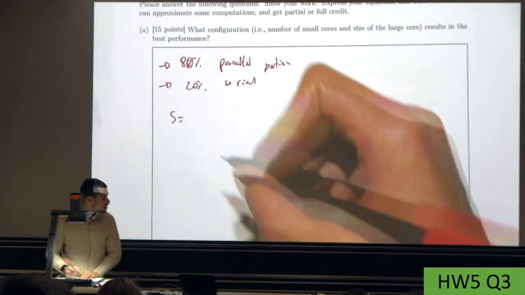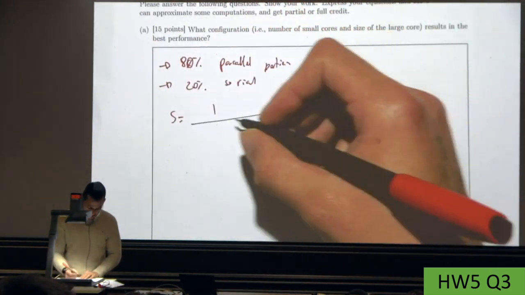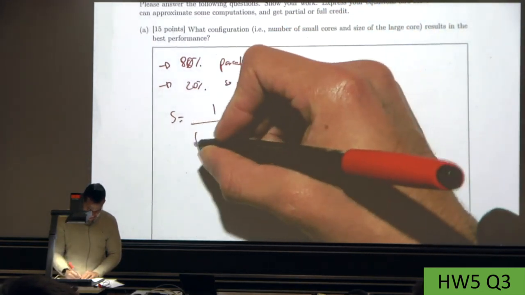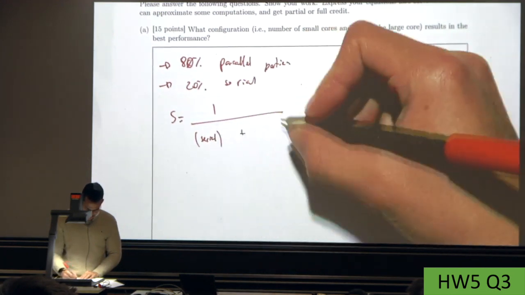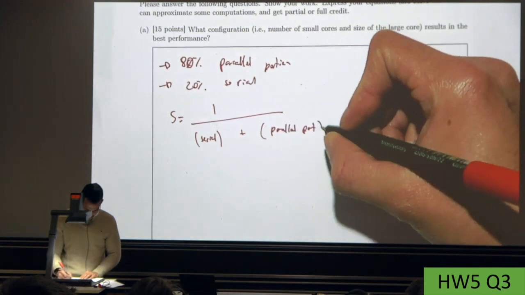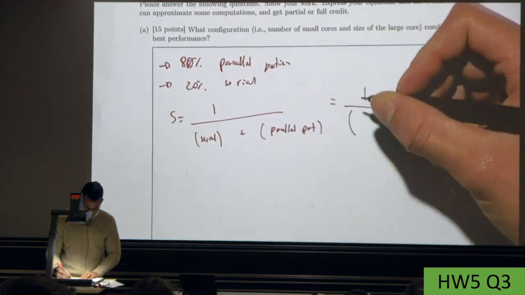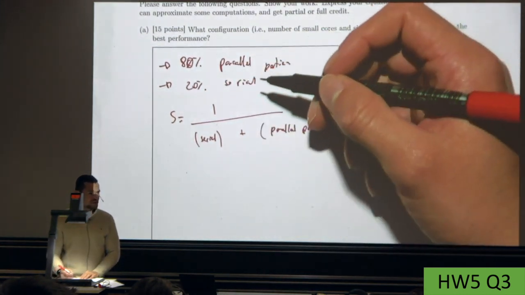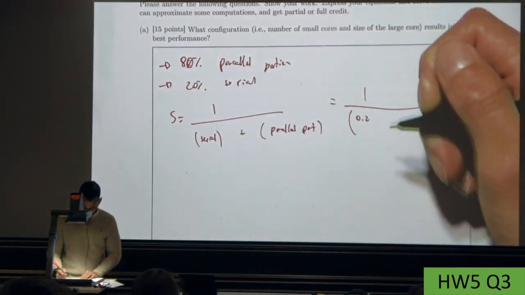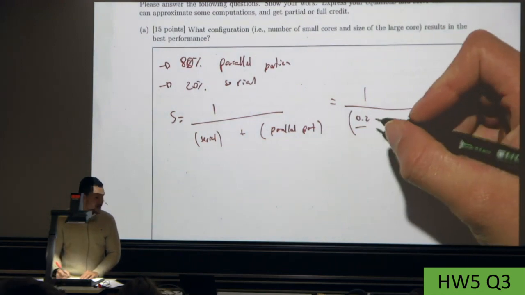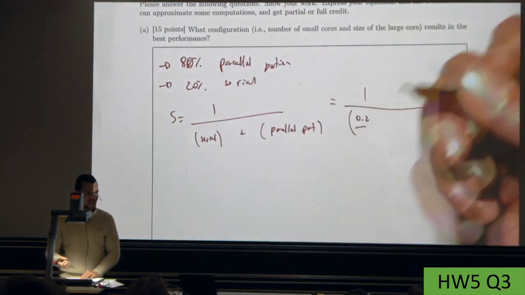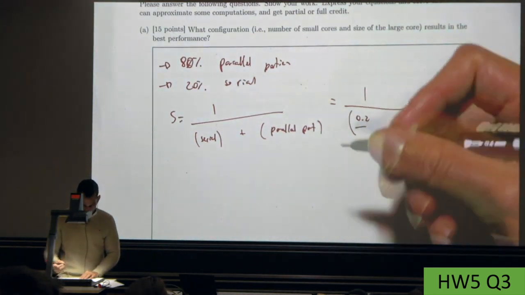So you know that the speedup is going to be given by 1 over the serial part plus the parallel part. 80% of the application is parallel, then 0.2 of your application is going to be serial, and the large core is n times faster than the small cores, right?